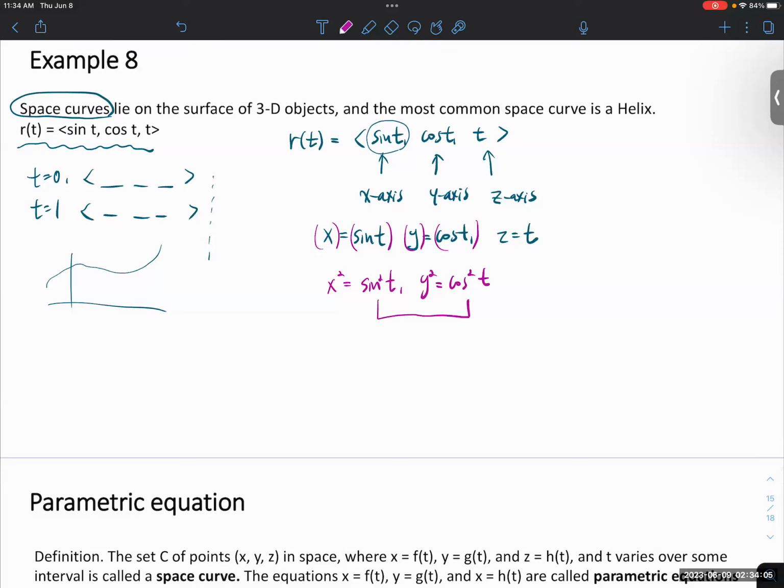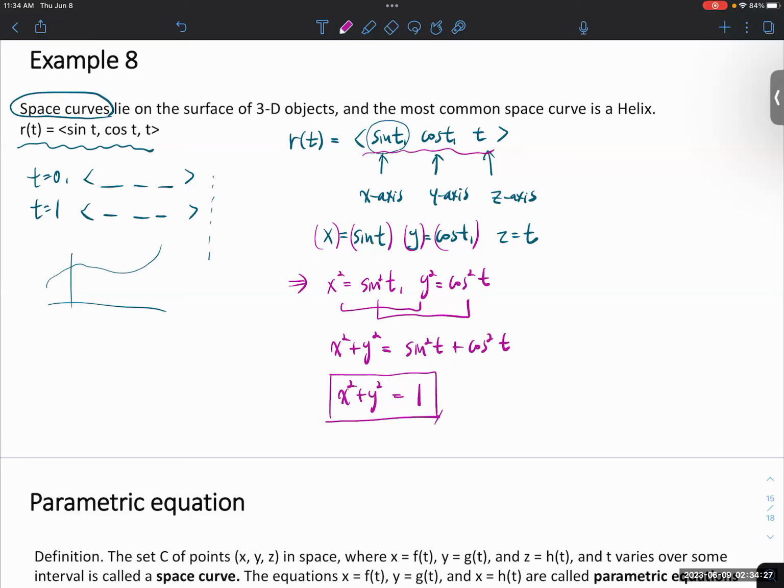So that means from this equation, x squared plus y squared, you can say sine squared t plus cosine squared t. That means x squared plus y squared is 1. So we found out, in somehow, a Cartesian equation from this vector value form.